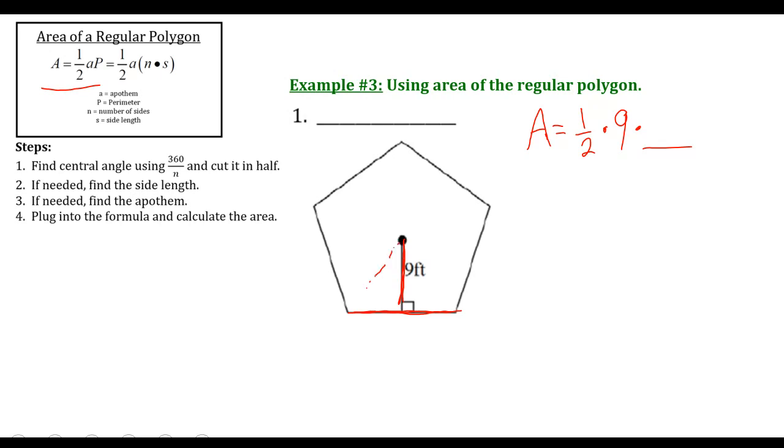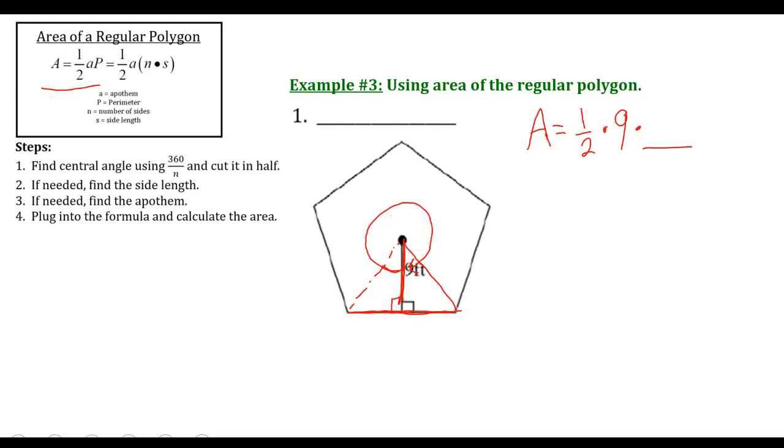We can create a right triangle and then figure out what the central angle is. What is that? Well, if I go around the whole circle here, that's 360.